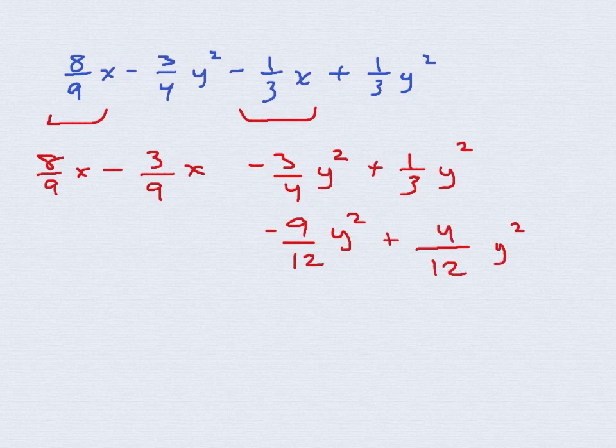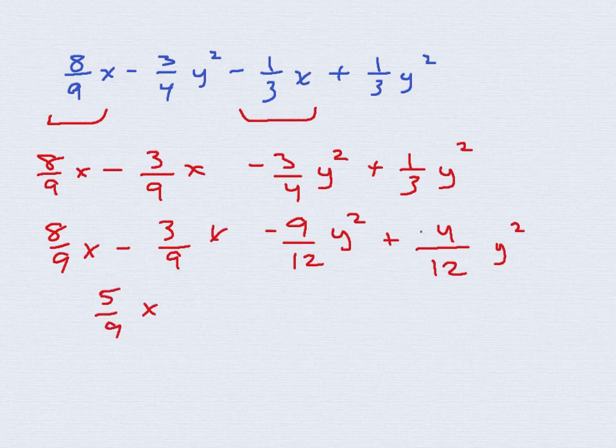So now I am left with simplification duties. Pretty straightforward. Rewrite my question. Deal with the x first. So 8 over 9 minus 3 over 9 is going to give me 5 over 9x. Just subtracting like terms. And then minus 9 over 12. Remember that's a 4.